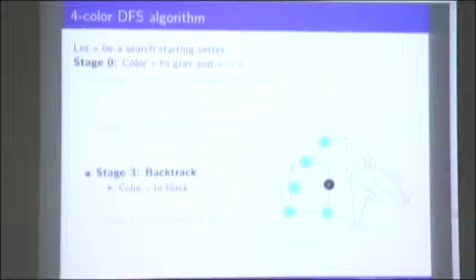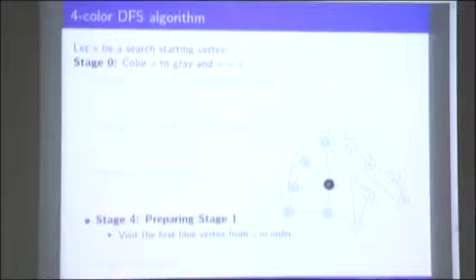Stage 3 colors v black because the vertex is not reached anymore. Again, we go back to the starting point, tracing blue vertices until v. Then we start stage 1 again, searching the next white vertex again and again. So it proceeds with the DFS algorithm.